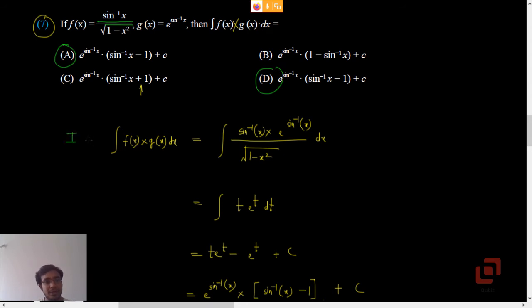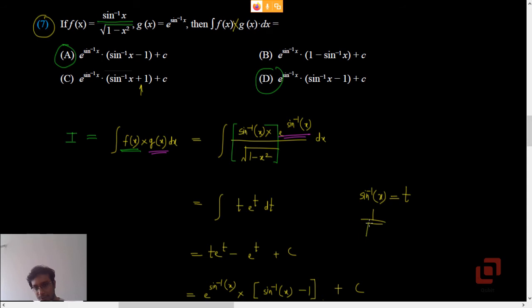Let's write down the given integral, or the integral to be obtained, which is the integral of the product of f of x into g of x. Substitute for f of x, sine inverse of x upon root of 1 minus x squared, and substitute for g of x, which is e to the power sine inverse of x. Now I am introducing the substitution, sine inverse of x as t.